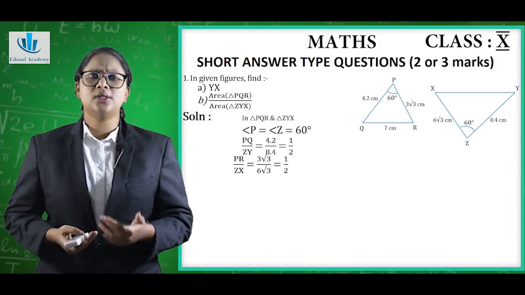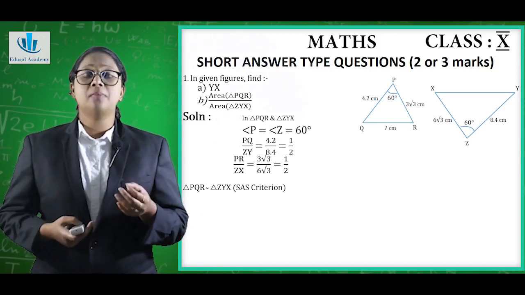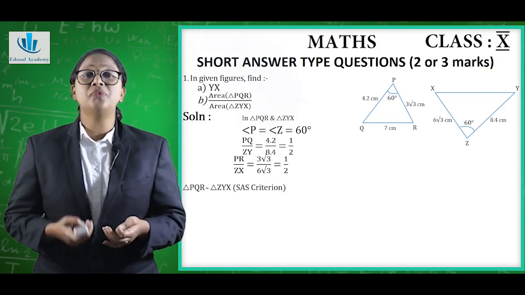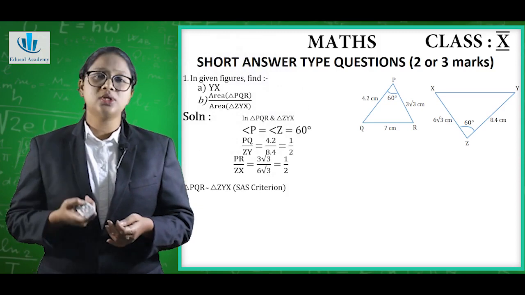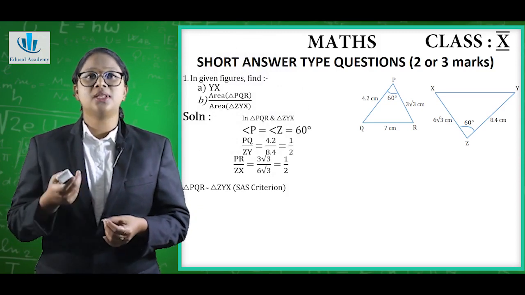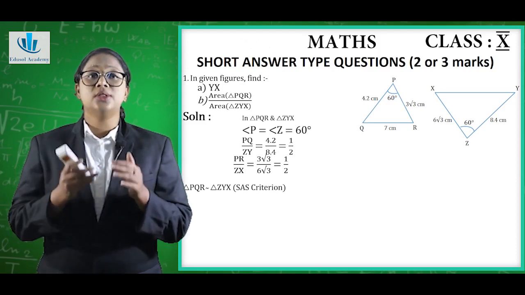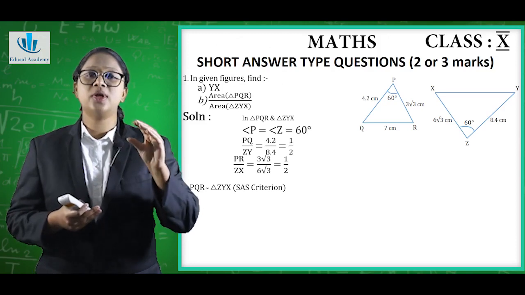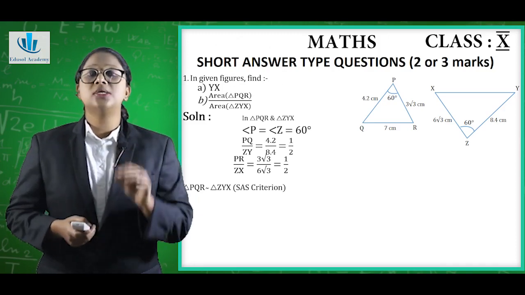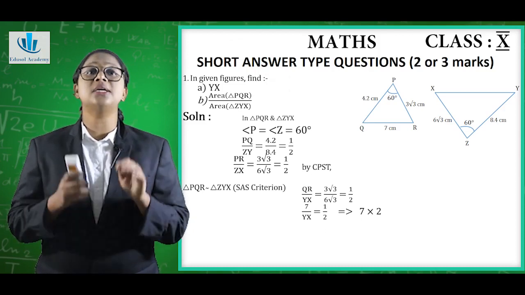Let's take the ratio of the other given sides, that is PR by ZX is equal to 3 root 3 by 6 root 3. Root 3 and root 3 can get cancelled. 3 by 6 will again be 1 by 2. So now we have got that the ratio of the sides is 1 by 2 and the angle in between those sides is 60 degrees. So using SAS similarity criterion, these triangles are similar.